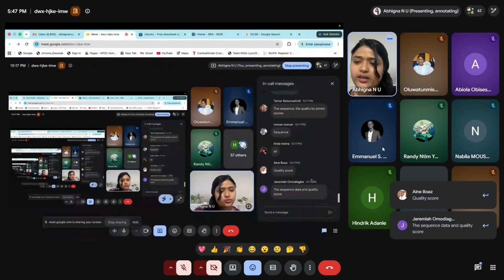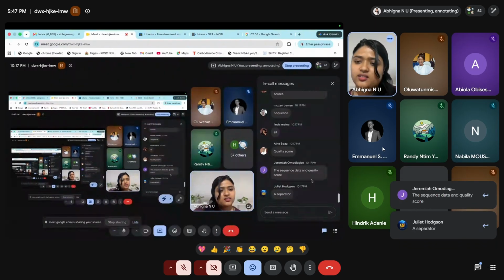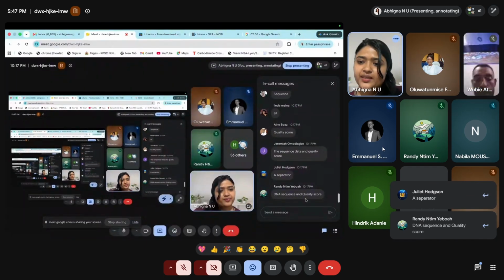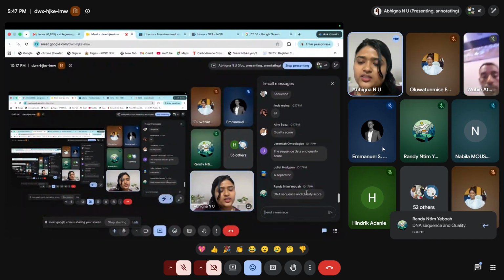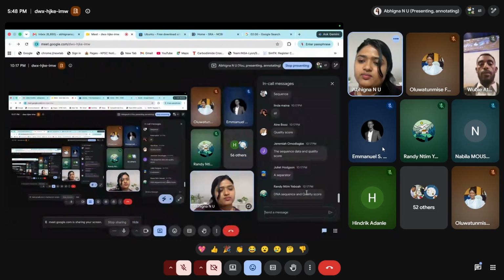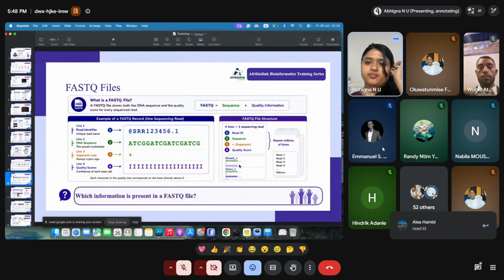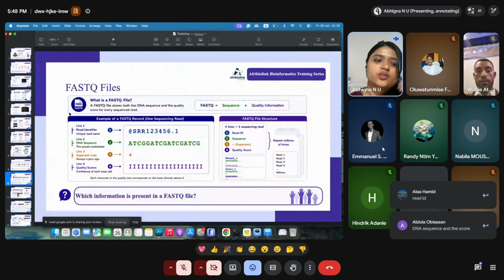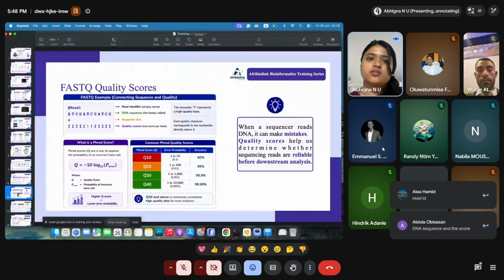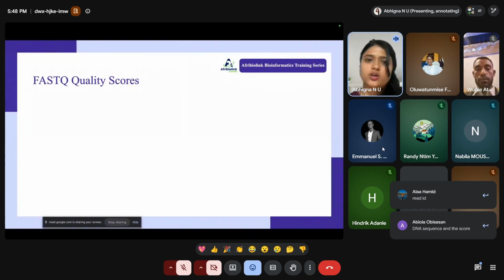Sequence, right, but it contains 4 lines. Who is going to answer all the 4? DNA sequence and quality score, yes, right. You are very much right, and we'll move ahead to FASTQ quality scores.